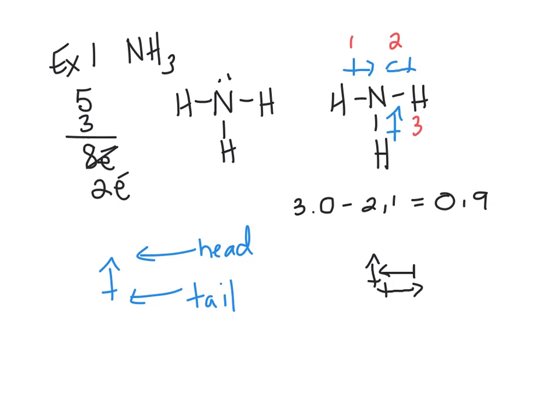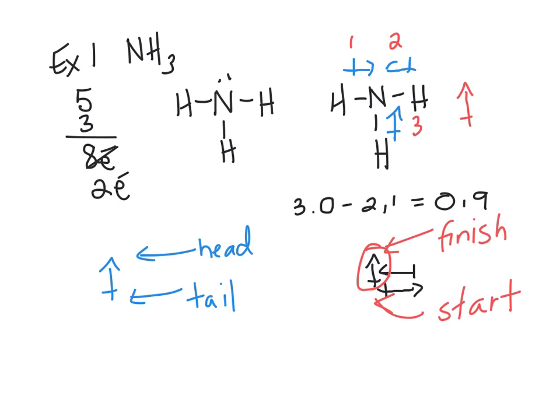So we actually end up with a net dipole because our finish is not at the same place that we started. So if the head of your last dipole is not where you started, you are a net dipole. So we have a net dipole going towards nitrogen. Therefore, this is a polar molecule.